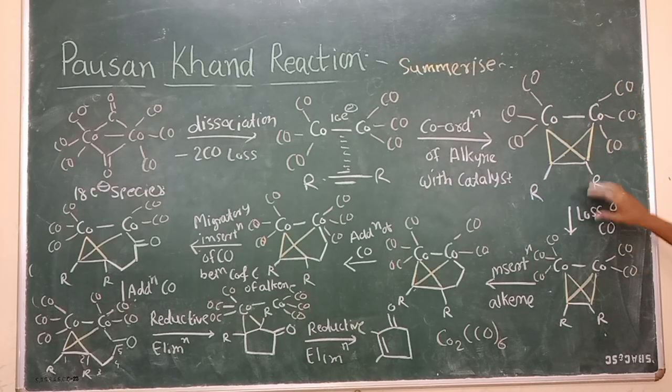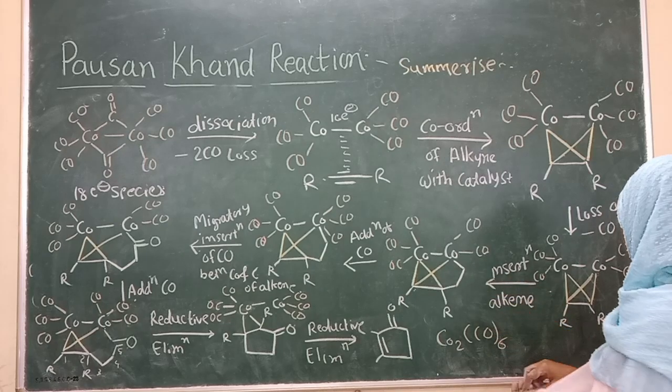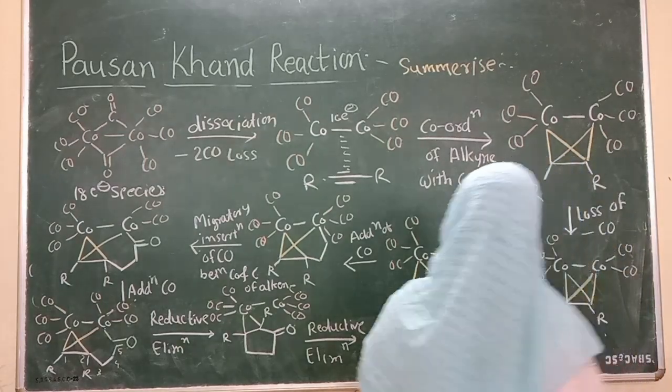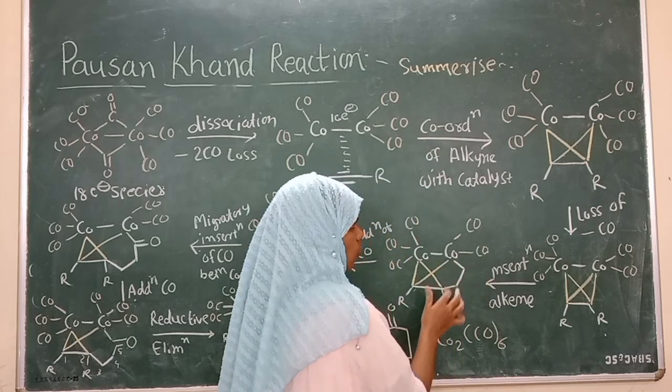After that, there is loss of one CO molecule. Then we get this type of molecule. Next is insertion of the alkene: the alkene inserts between the alkyne carbon and cobalt bond.